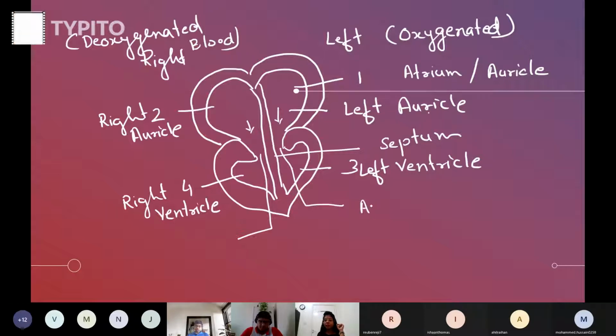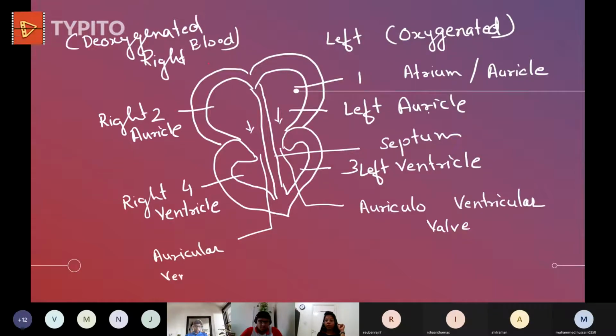So here is a valve and its name is auriculoventricular valve. Here also, auriculoventricular valve. So where is the auriculoventricular valve? In the junction of auricle and ventricle.